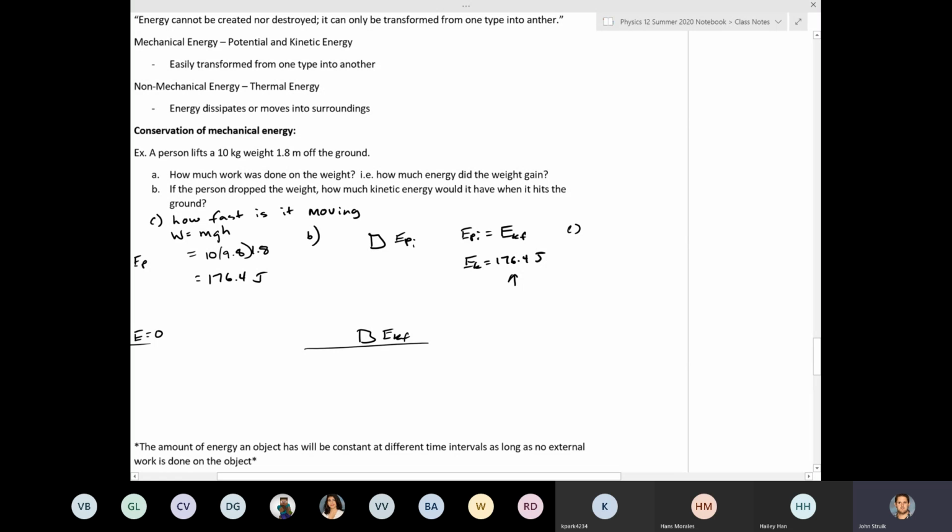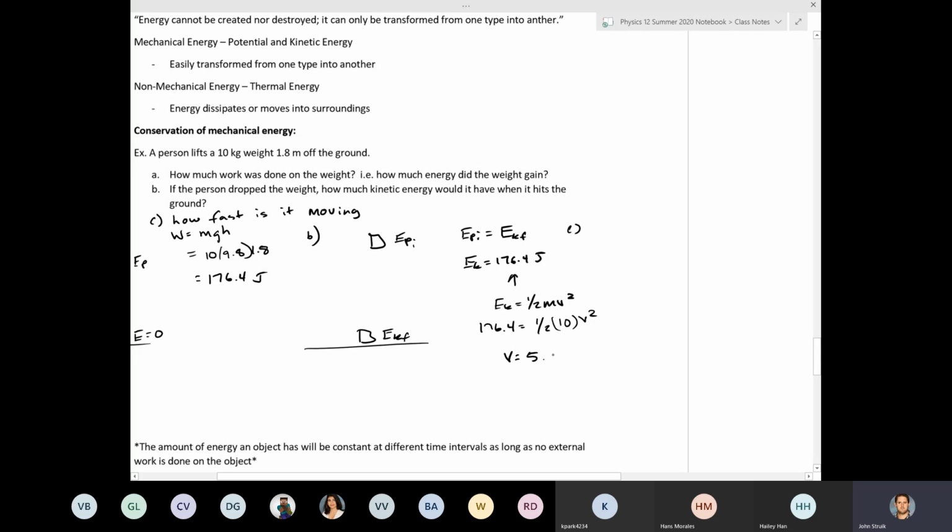If that's its kinetic energy, and EK is 1/2 mv squared, then 176.4 equals 1/2 times 10 times v squared. So we'll take that 176.4 times 2, divide by 10, square root it, and you get v is equal to, and I'm asking how fast, so we don't have to do vector, we can just use speed.